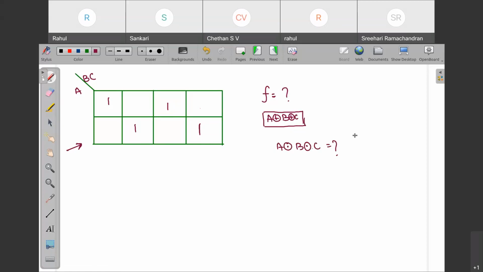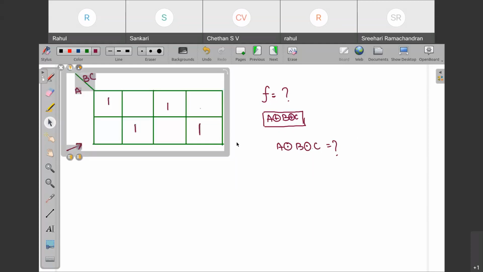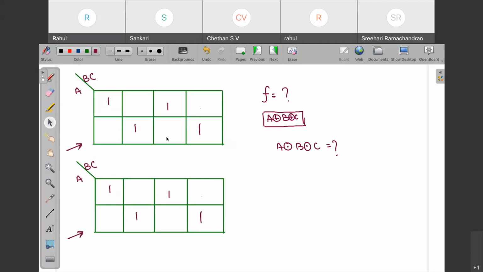Diagonally the other way, alternate positions with 1.